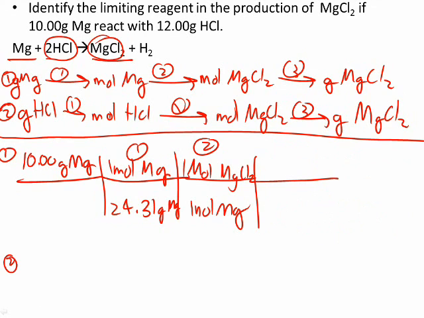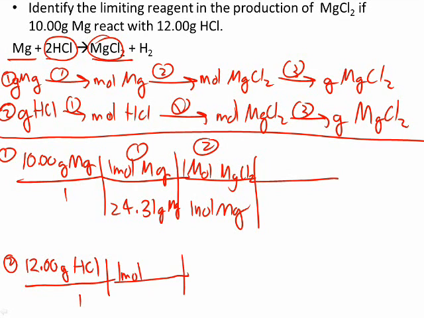Part 2, 12.0 grams of hydrochloric acid. And we're going to multiply that by 1 mole of HCl, and the molar mass is 36.46 grams HCl.